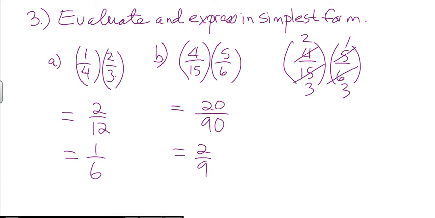I could take them out now. 2 goes into 4 twice and into 6 3 times. Up top I have 2 times 1, and on the bottom I have 3 times 3. Either way, right? Doesn't matter. We get 2 over 9 either way. Nobody cares how you did it. It's not a big deal.